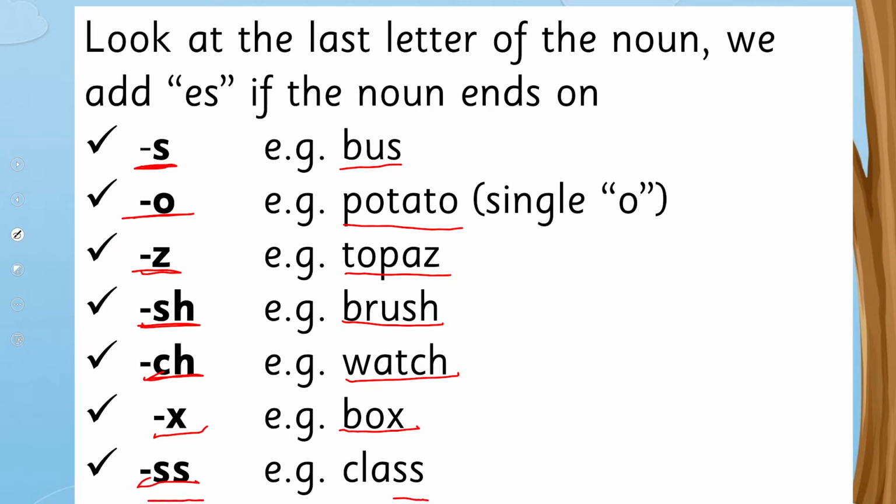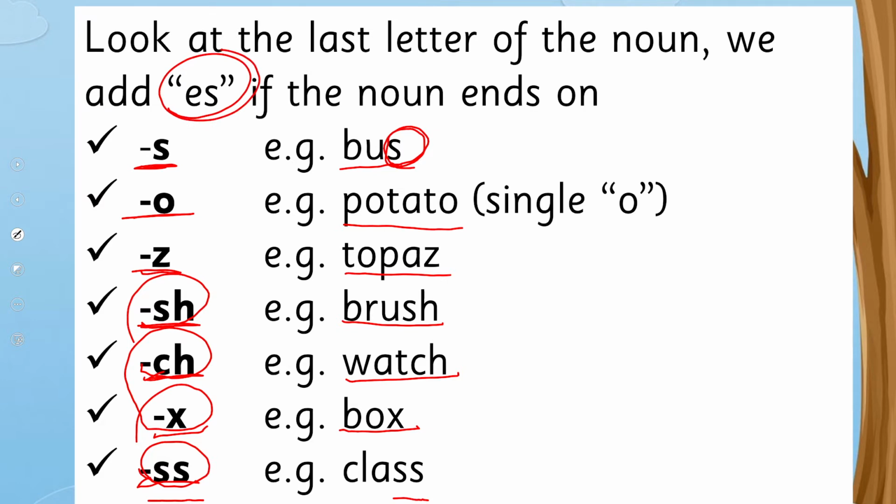Means when you find such type of nouns, you will see the last letter of the word. If it is S or O or Z or SH or CH or X or double S, what we'll do to make this singular noun into plural, we'll add ES. Instead of S, we add ES.